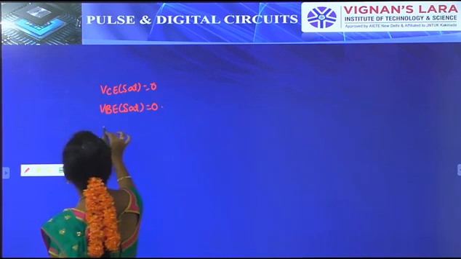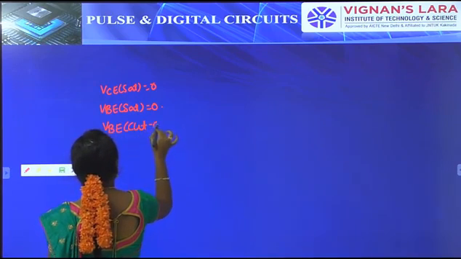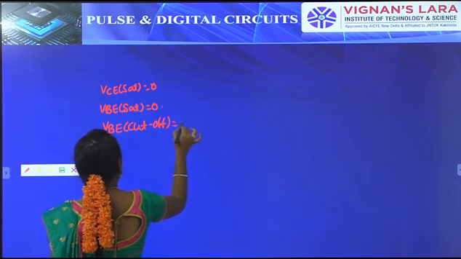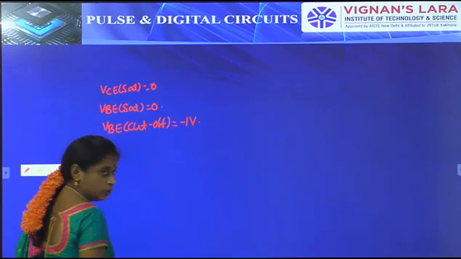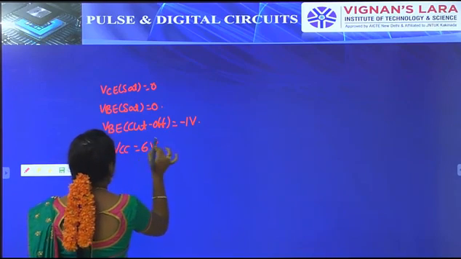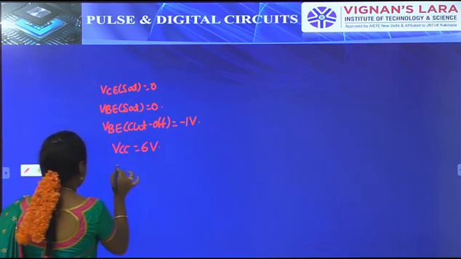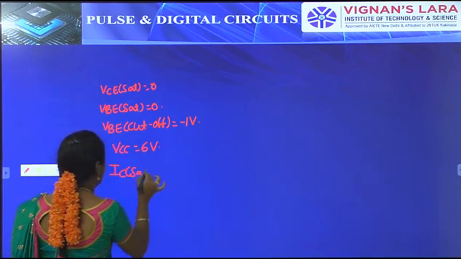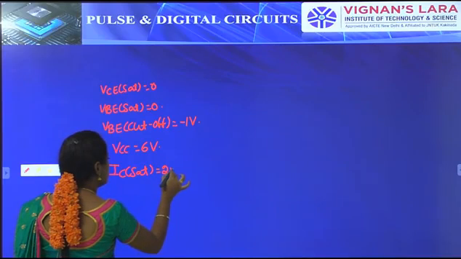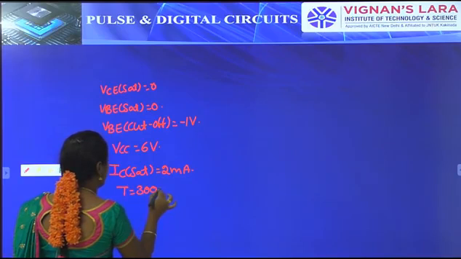The VBE cutoff voltage is minus 1 volt. They give VCC as 6 volts, IC saturation is equal to 2 milliamperes, and they give the time period T is equal to 3000 microseconds.